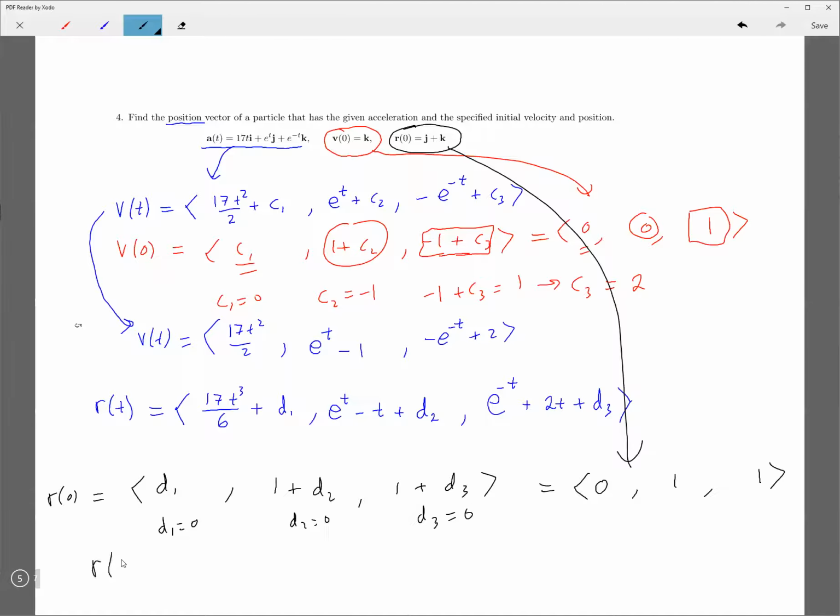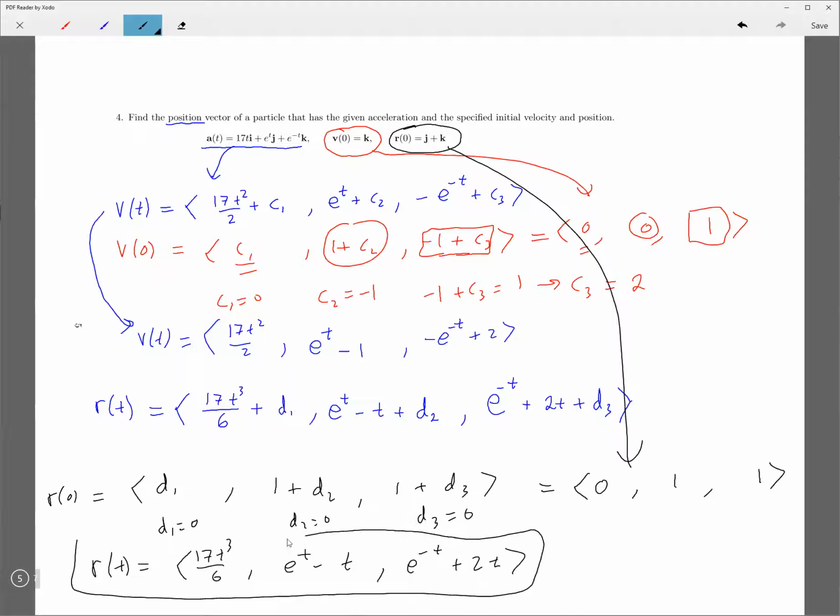Okay, so now plug all those zeros in. And you have 17 t cubed over 6, e to the t minus t, and e to the negative t plus 2t. Okay, good. Let's see if WebAssign agrees with us that that's the correct answer.